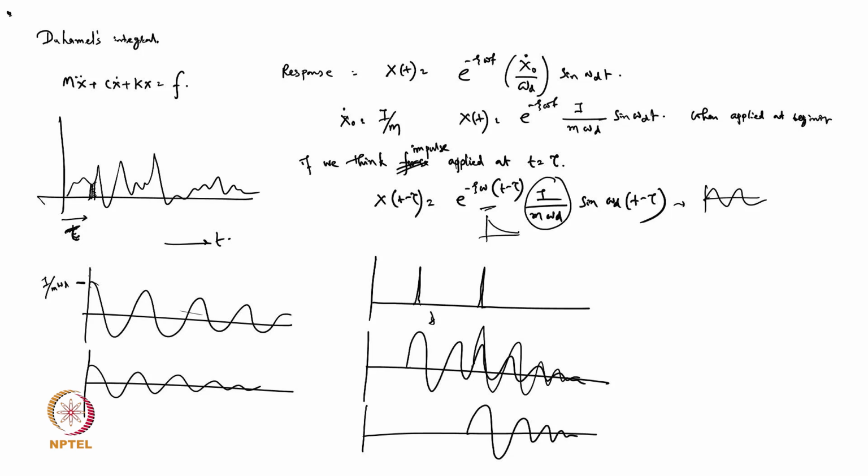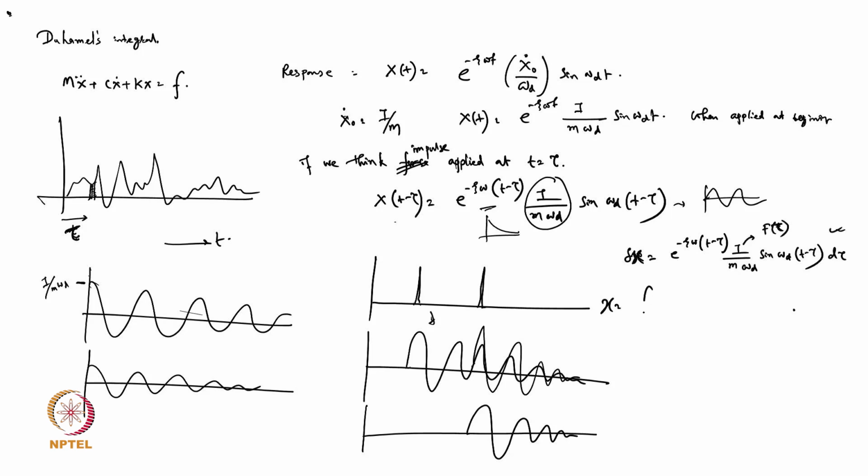Okay, so my total response, once we are doing the integration, I can write it as dx. So dx will be e to the power of minus ξω(t minus τ), 1 by mω_d, into sin ω_d(t minus τ), into dτ.